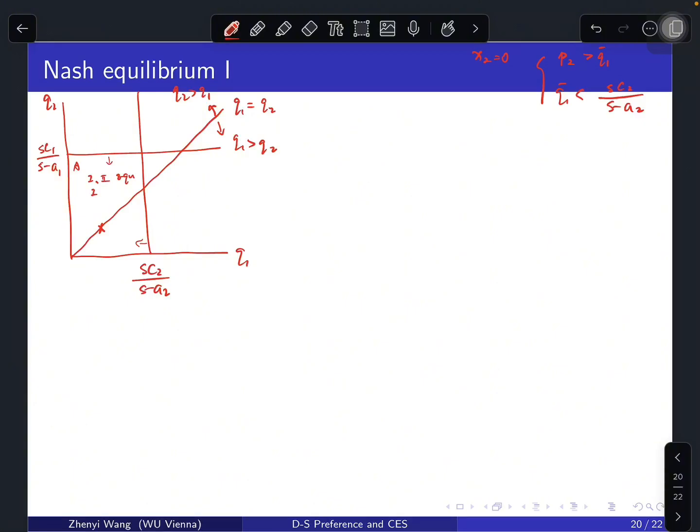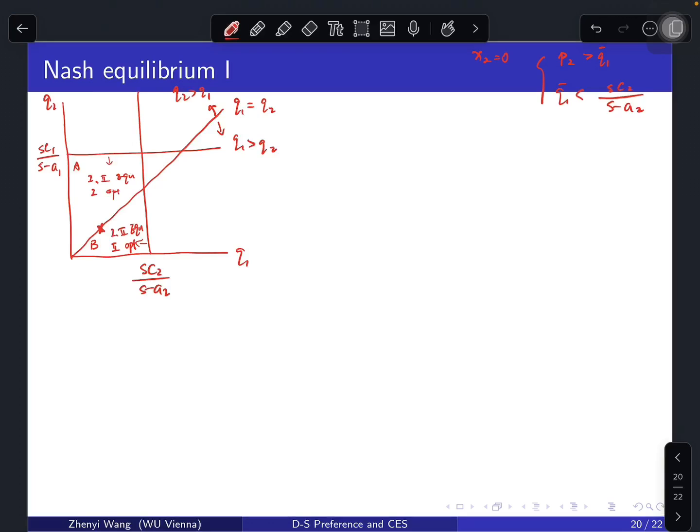So it means that only producing x1 is optimal for the society. Well, for region B, again, it satisfies the equilibrium condition for producing both x1 and x2. However, in this region, Q1 is greater than Q2. So only producing the second product is optimal for the society.